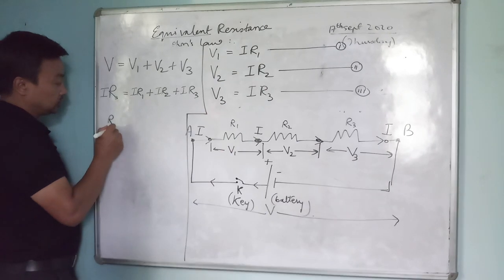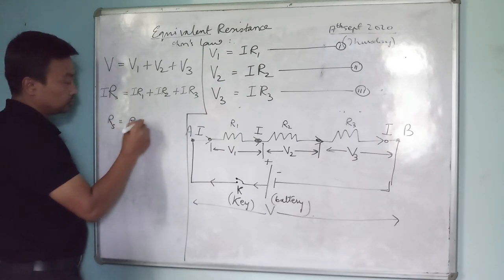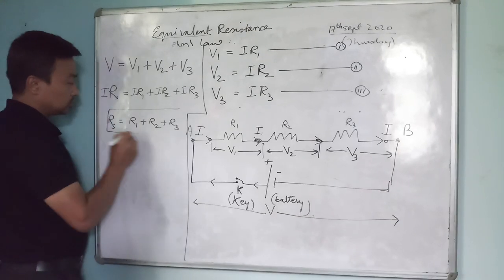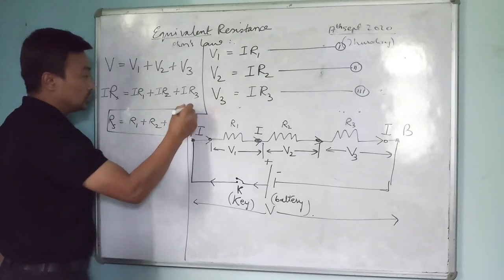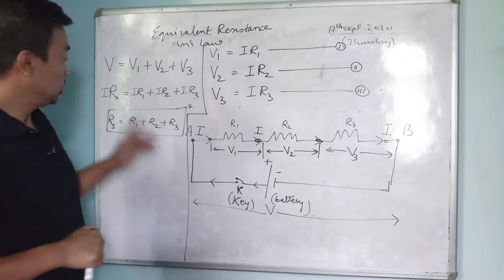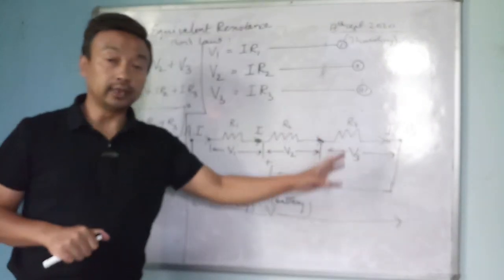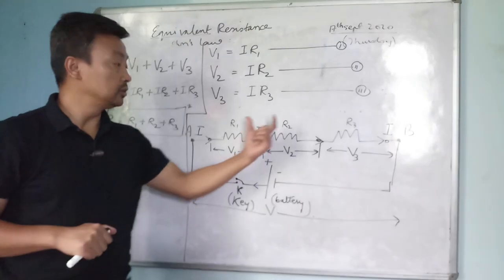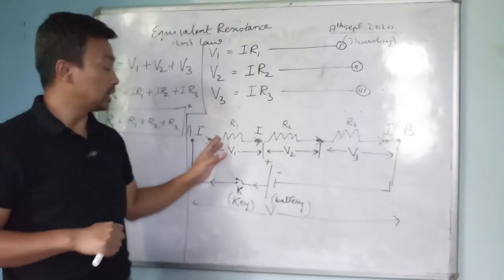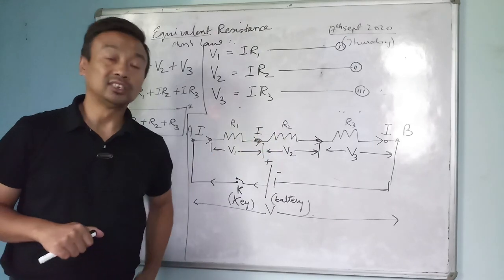So when that I is removed, we get like this. So this is the equivalent resistance of the entire circuit when the individual resistors R1, R2, R3 are combined in series.